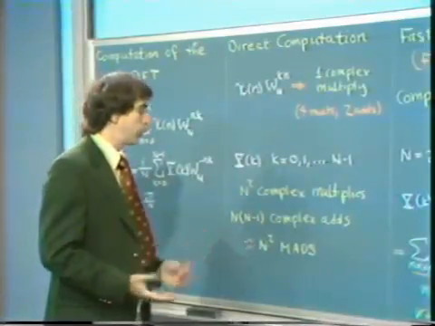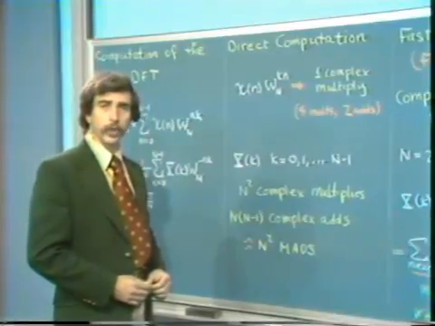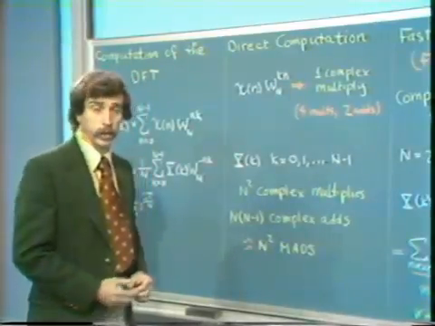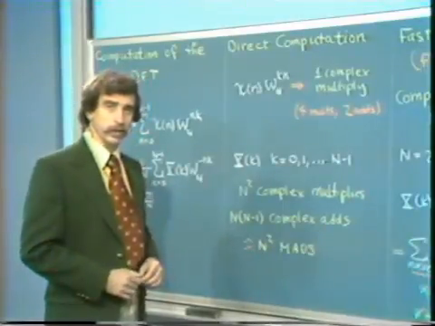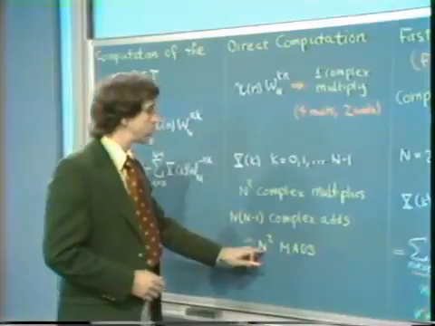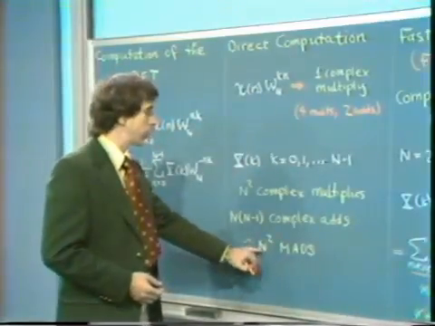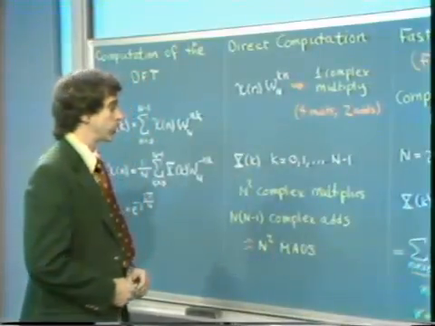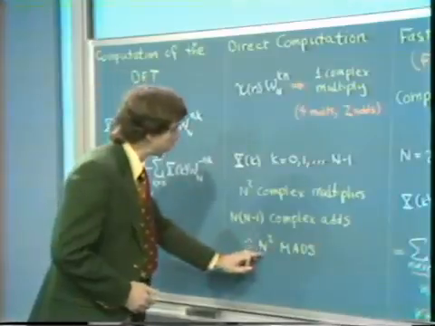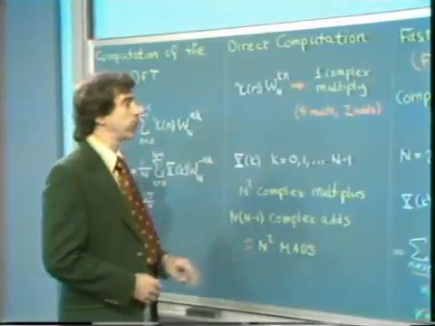And if we assume that one of those took, say, 2 microseconds or 3 microseconds to implement, or even 1 microsecond, then clearly we're talking about computation on the order of seconds. And you can convince yourself rather quickly that the computation grows very fast as N increases from 1,000 to 2,000 to 4,000, etc. All right, so direct computation, the dependency is an N squared type of dependency.